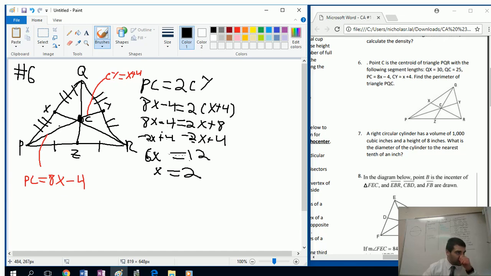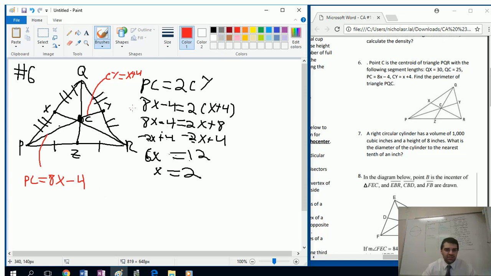Alright, now we're going to look at our triangles. So if we look at some of the internal triangles, we have PC, and this is this triangle right here.